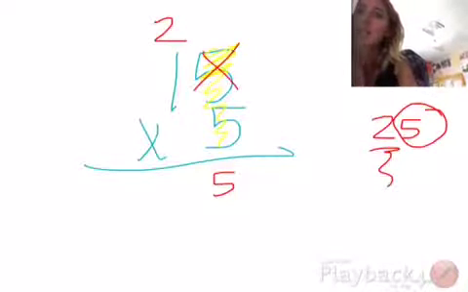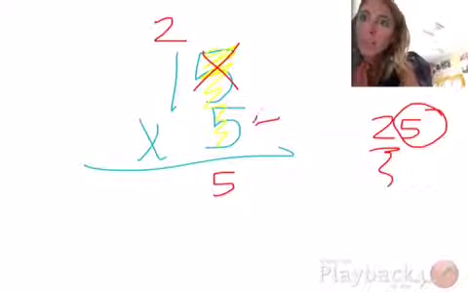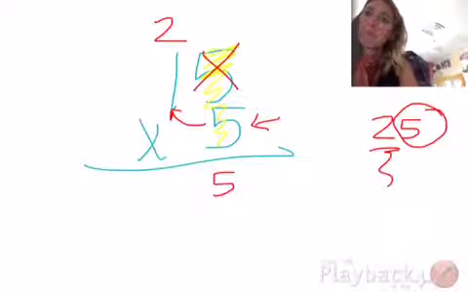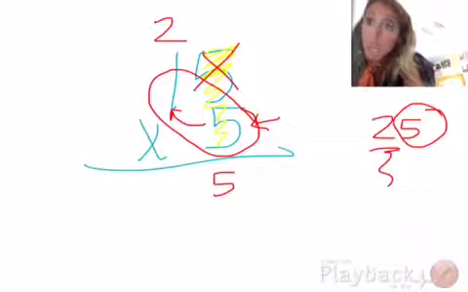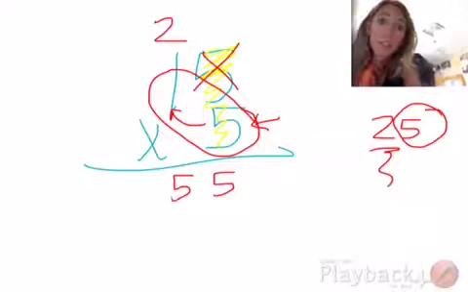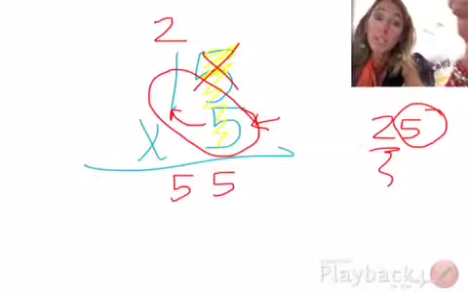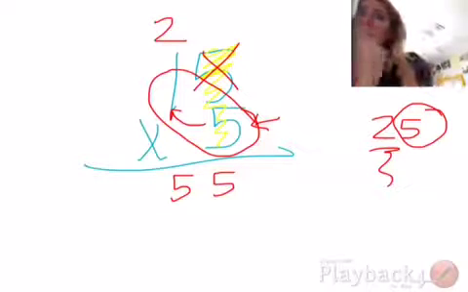And now I've dealt with that 5, but that wasn't the only thing being multiplied with this 5. We also have the 1 that needs to be multiplied with it. So I'm going to multiply 5 times 1, which is 5. But I'm not going to write 5 here. Do you know why? Try and be actively involved in this video and say why. What else do I have to do?